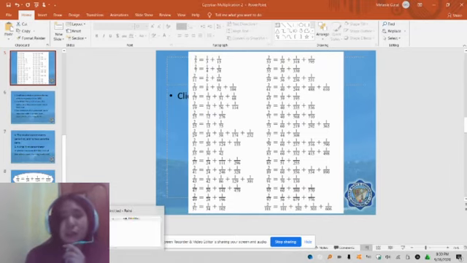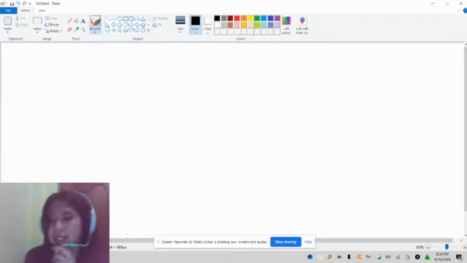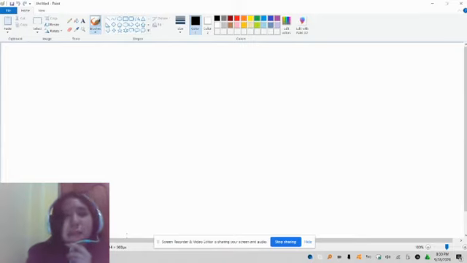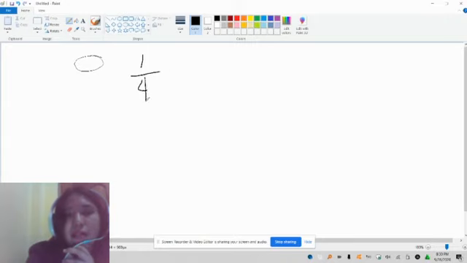To give more information about this, the unit fraction of the Egyptians is written by placing an elongated oval. For example, if they are going to write 1/4, if you still remember the number system, one is just like a stick.